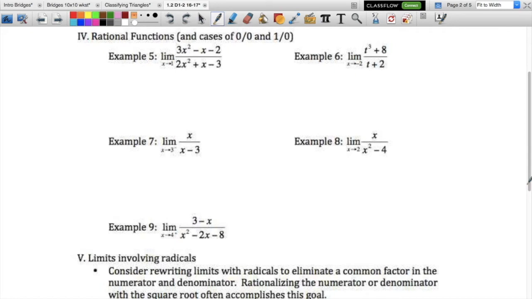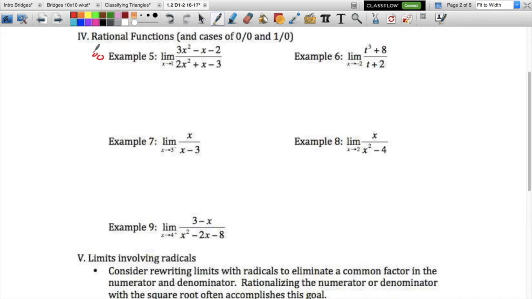One of the methods is you factor the numerator and the denominator and see if something will cancel. Now, if I try direct substitution here with x going to 1, you can either think about it or actually write it down.